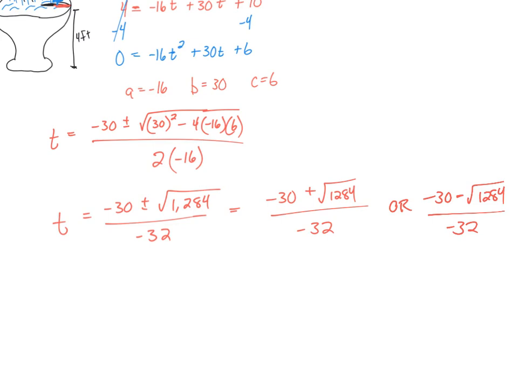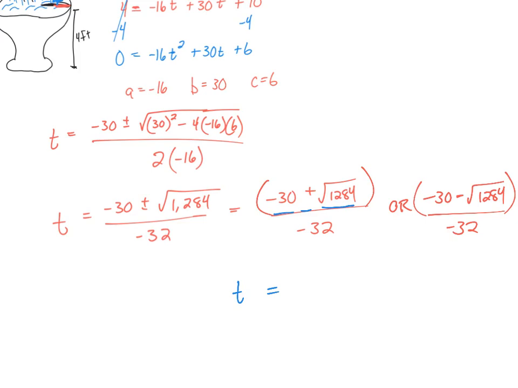So when you figure this out, type it in your calculator. You either have to put parentheses around the top, or you can do it like this. Type in negative 30 plus square root of 1,284, then hit equals, and then divide by negative 32.